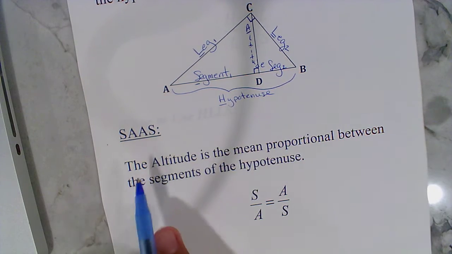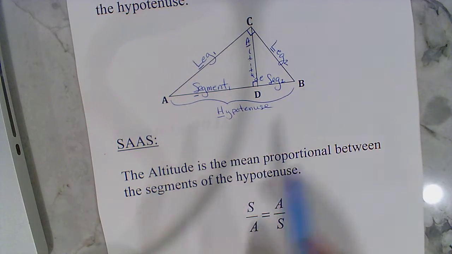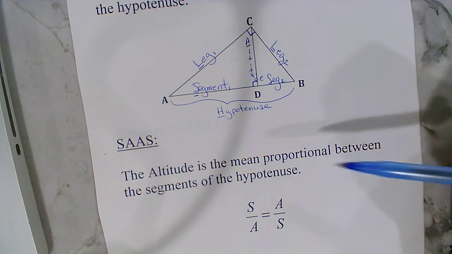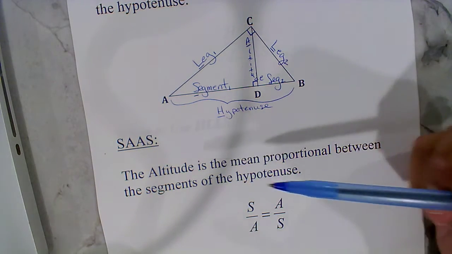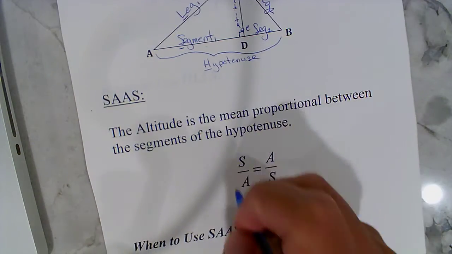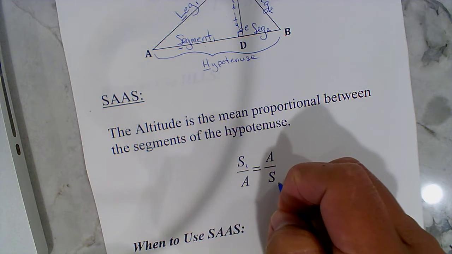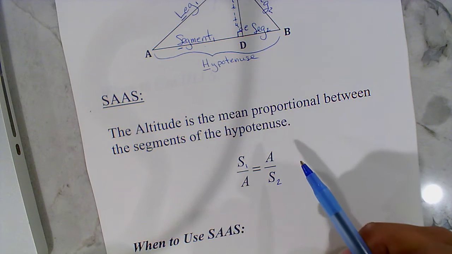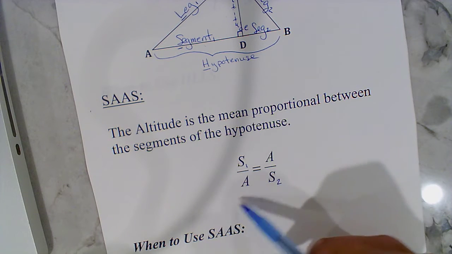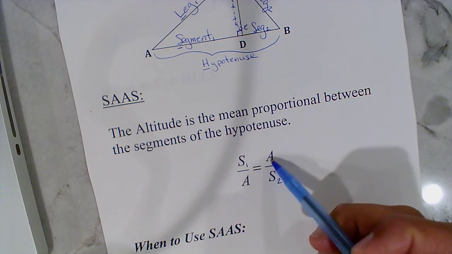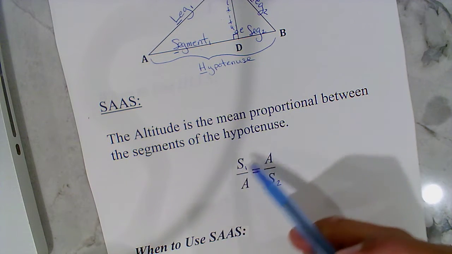SAAS. SAAS says that the altitude is what's called the mean proportional between the segments of the hypotenuse. Well, we've got two segments, so I'm going to adjust this right here to say segment 1 and segment 2. As a quick reminder, a mean proportional in a proportion is when the bottom left and top right pieces of the proportion are the same.